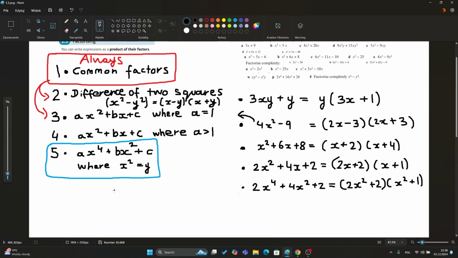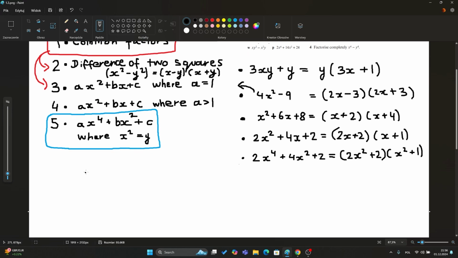But sometimes you can come across something that is to the power of 4 and to the power of 2. What you have to do is replace it with y. And therefore, if you replace it with y, then you can get the expression, and we want to get to our answer by simplifying it to make it a quadratic.